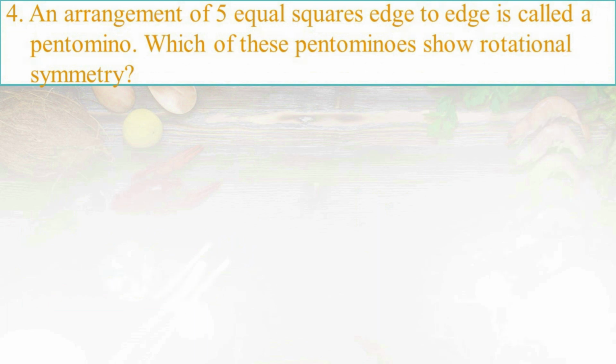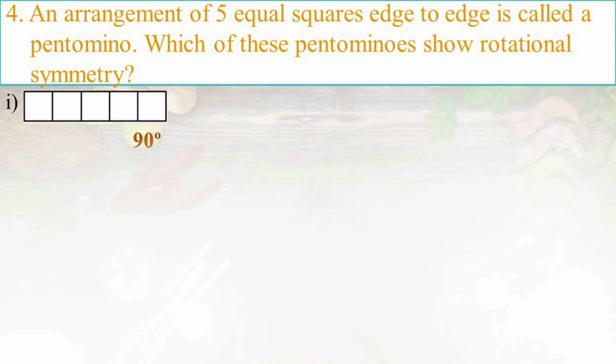Fourth sum. An arrangement of 5 equal squares edge to edge is called a pentomino. Which of these pentominos show rotational symmetry? First pentomino is here. Okay, this is the 0 position, which means beginning position. When it rotates to 90 degree, we get this shape.